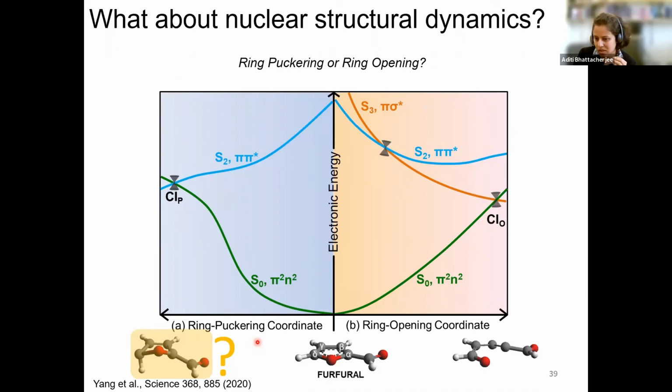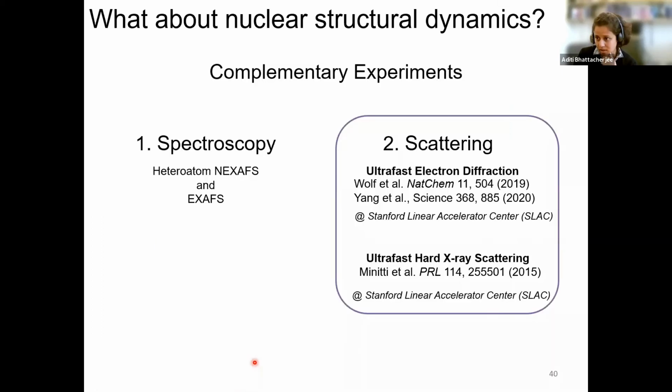able to tease out these tiny details, these subtle details, and I was very happy to read this paper last year from, again, an ultrafast electron diffraction experiment emerging from SLAC, where they were able to unambiguously detect a ring puckered structure, not in this molecule, but also a heterocyclic ring, which is pyridine. So more details in this paper, which I will not discuss today.